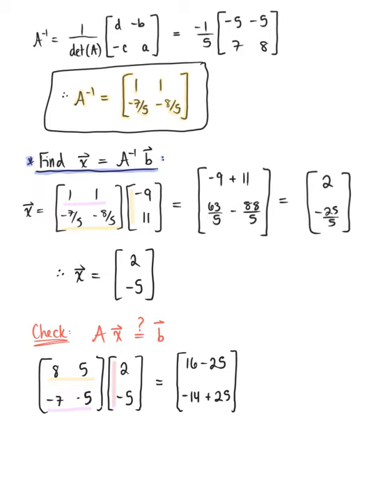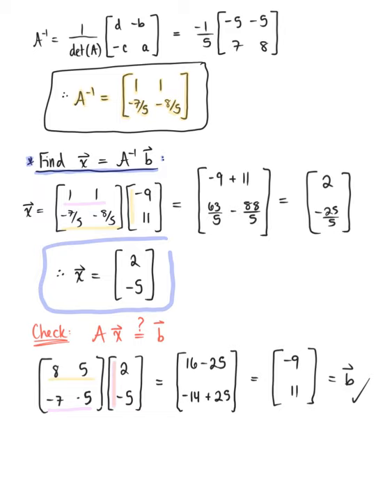So 16 minus 25 leaves us with negative 9. And then 25 minus 14 leaves us with 11. Which is vector B. Woohoo! So this confirms that, yes, what we found above is, in fact, our final answer.